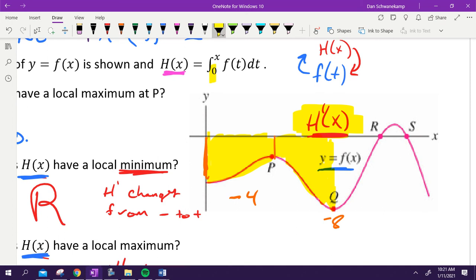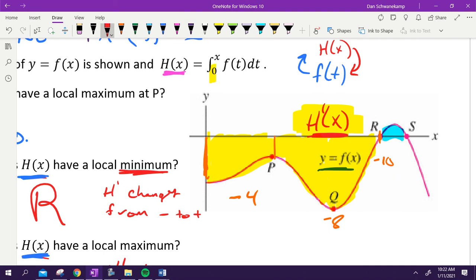If I go to R, now what would you say the area under the curve is? Like negative 10, negative 11. Sure, it's something more negative, because I'm adding more and more negative area. Then we got this little guy right here from R to S. What is my area under the curve going to be at S right now?